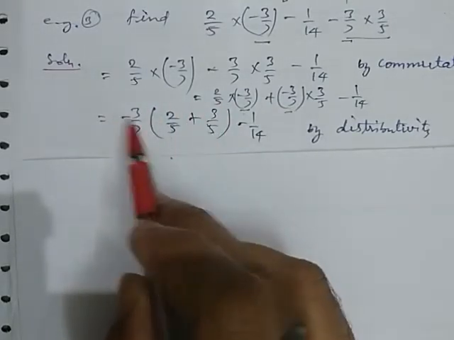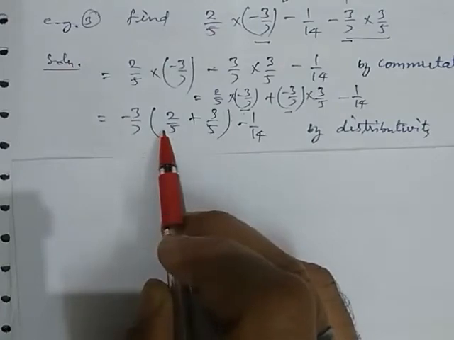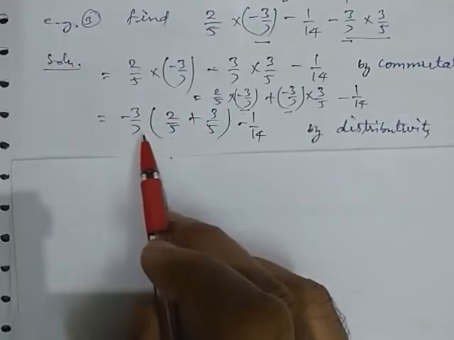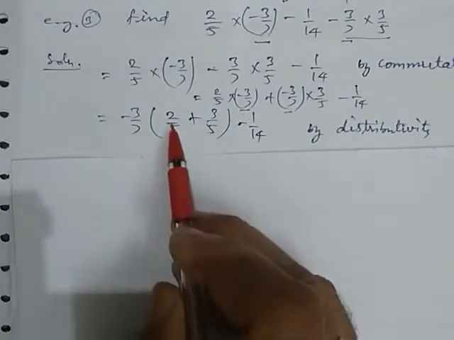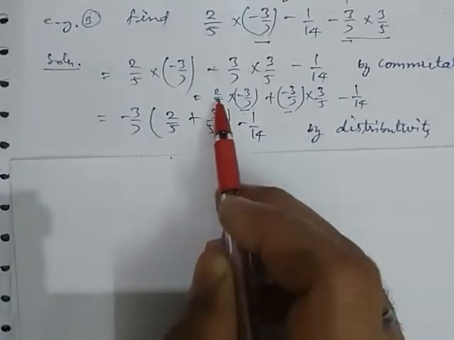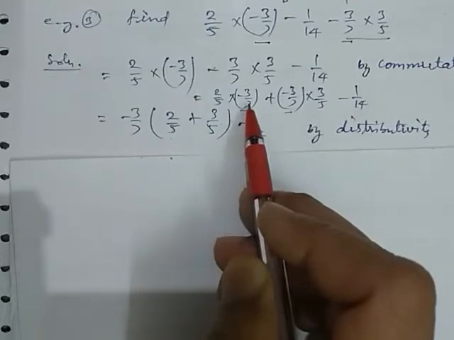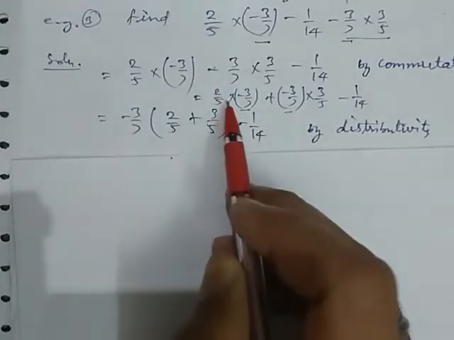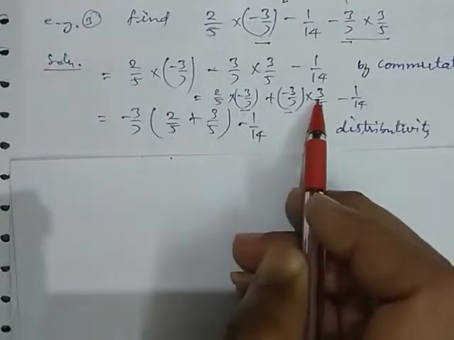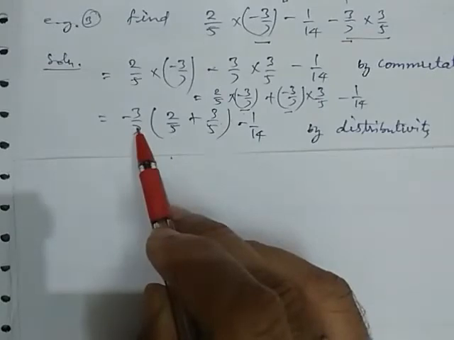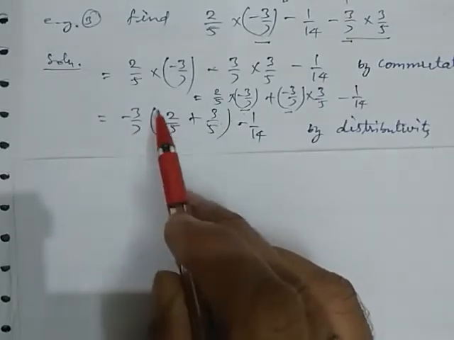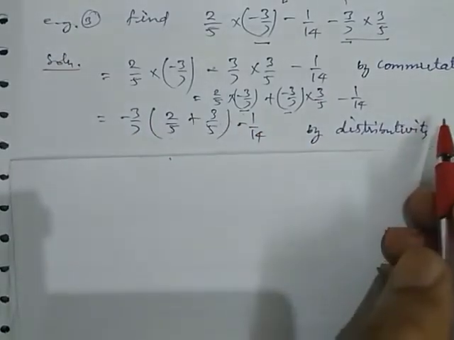Some time ago we saw A into (B plus C) equals AB plus AC, and here we follow the converse of this. AB plus AC equals what? A into (B plus C). Now we can check.